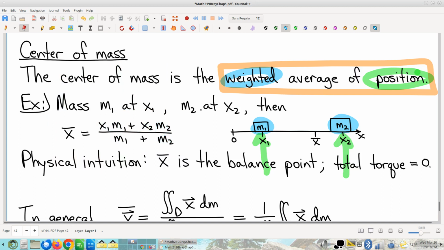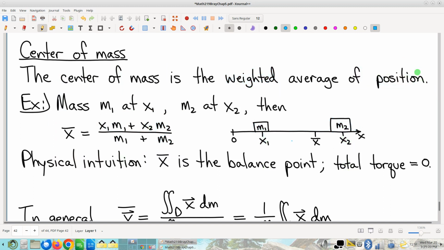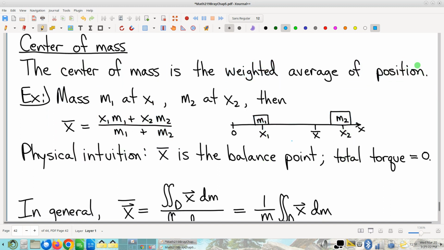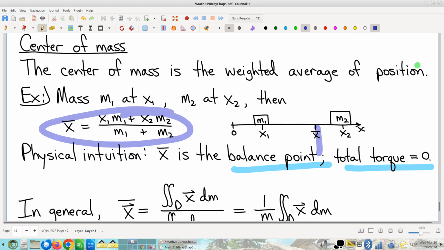But I will point out, here's another really nice way to think about center of mass, and that is that it's the balance point. It's where the total torque is equal to 0. In particular, then, this point right there has the feature that if you look at that amount of mass connected to this amount of mass, and if you ask how do I make it balance perfectly?